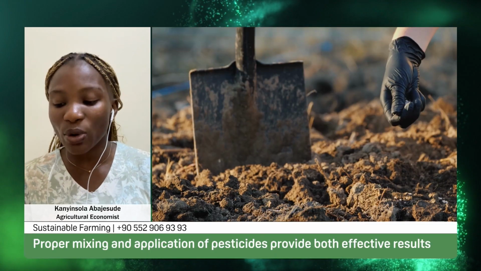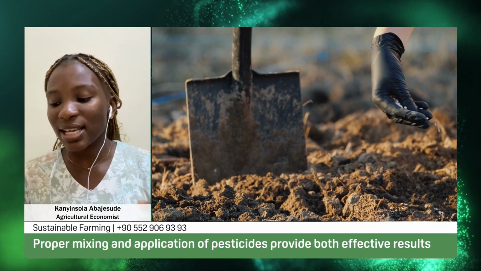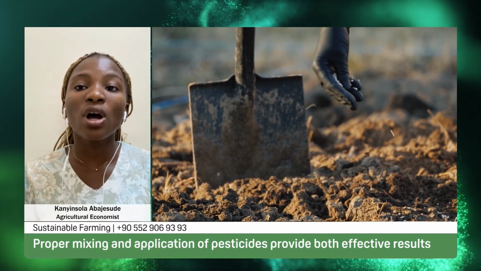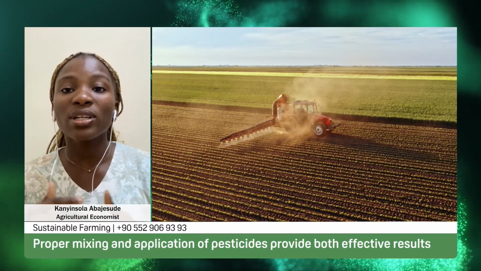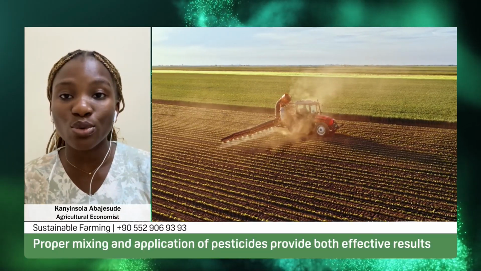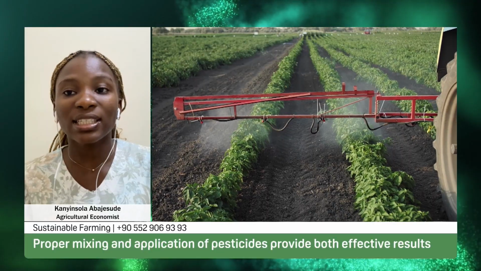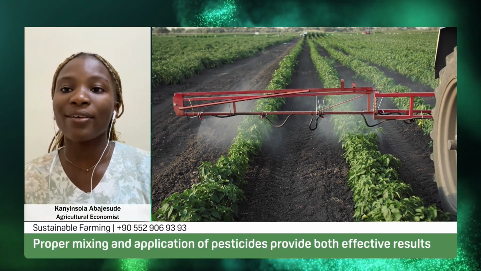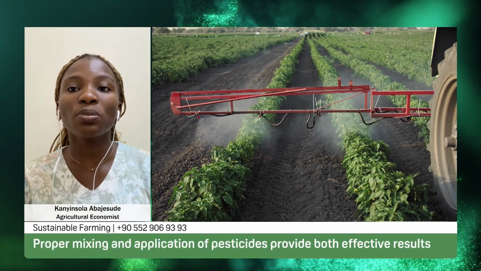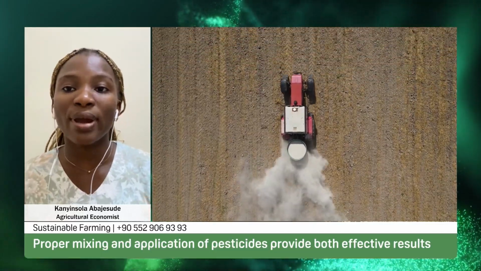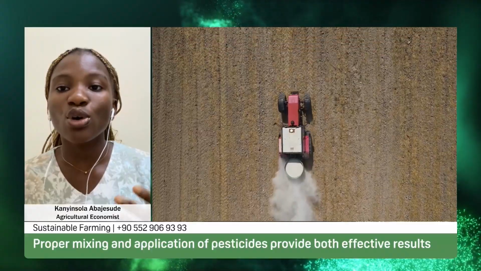Also, do not spray if rain is expected or when it is too windy, which is why you have to be conversant with the weather forecast tools in your vicinity. Okay, when is rain coming? Then I cannot spray today. I have to spray tomorrow. You have to plan with the weather forecast to know when to spray and when not to spray.